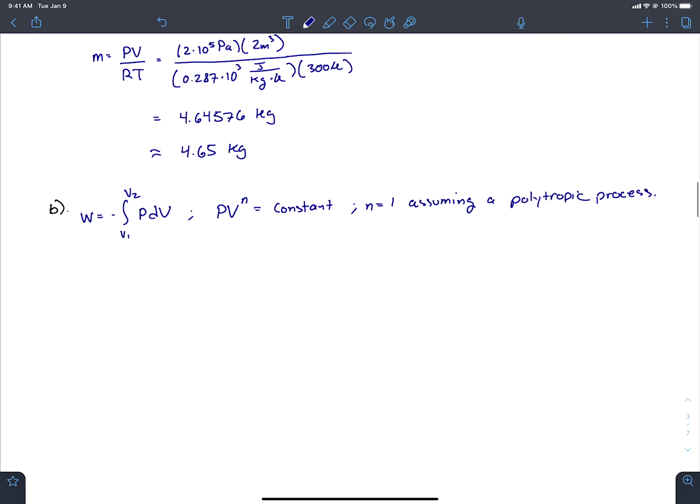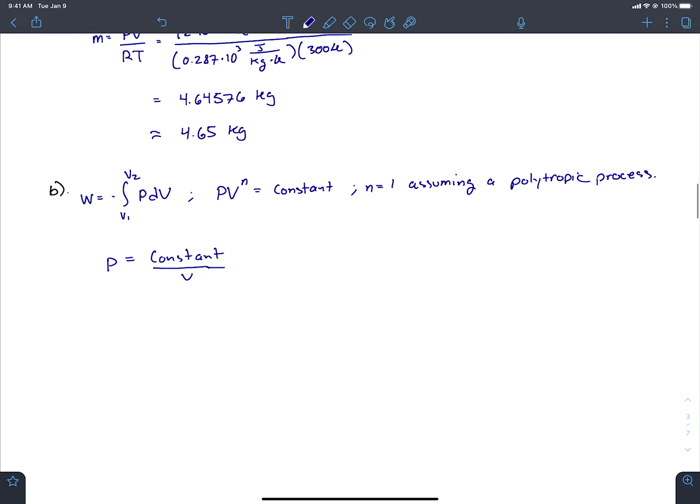And for a polytropic process, we have W equals, actually, I'm just going to do this longhand just for everybody to see, and then I'll shorten it. So solving for P, P equals constant over V. And then plugging that into the integral, W equals negative integral V1 to V2 of constant over V dV.